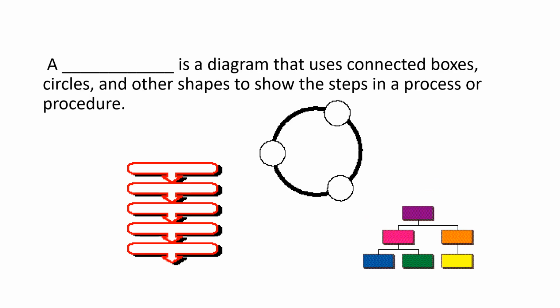How about the last one? A blank is a diagram that uses connected boxes, circles, and other shapes to show the steps in a process or a procedure. Do you know what this is called? Do you still remember?